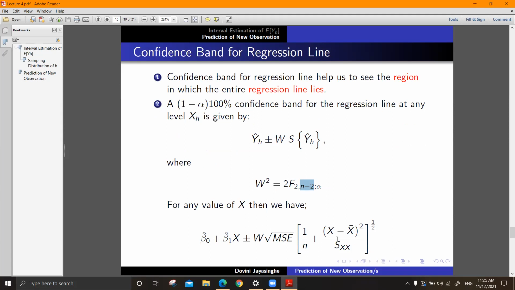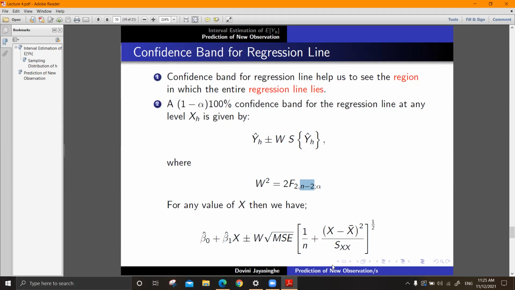If it is the prediction band, you have to have 1 plus 1 over n plus this. Okay. So this is the confidence band, right?